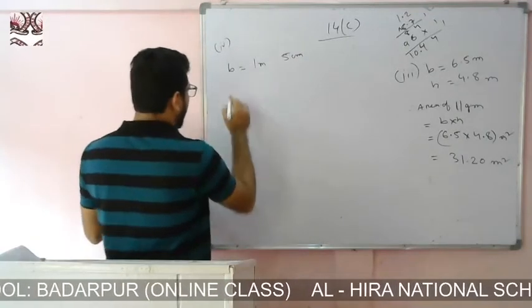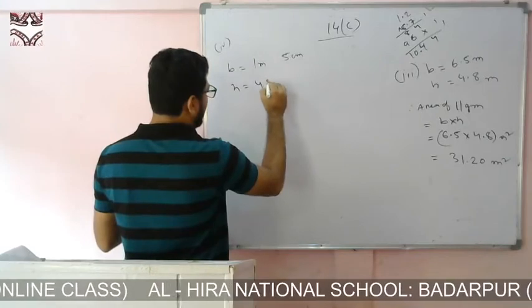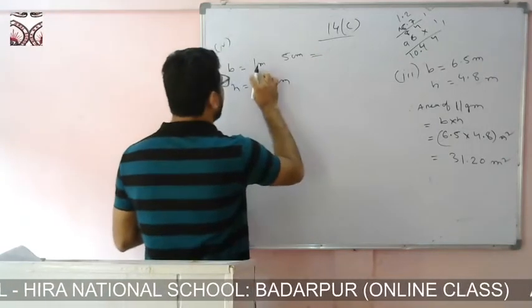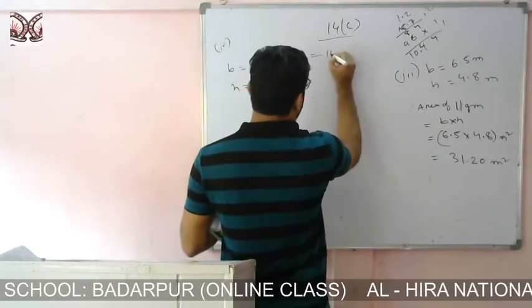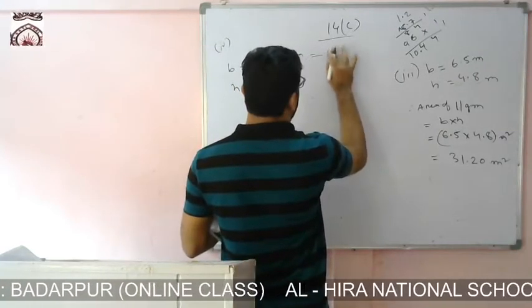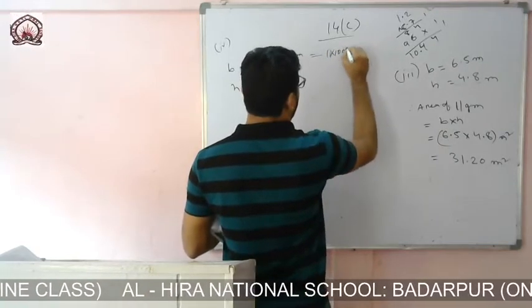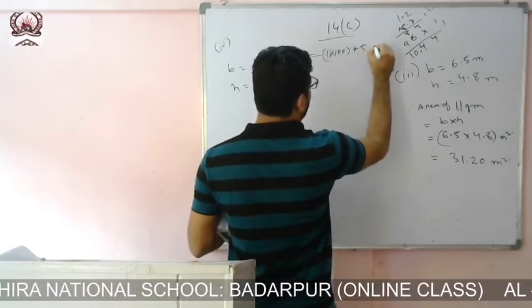The height equals 45 centimeter. So if I convert 1 meter into centimeter, then it will become 100. That means 1 into 100 plus 5 centimeter.